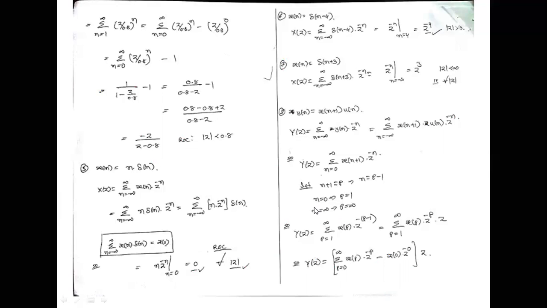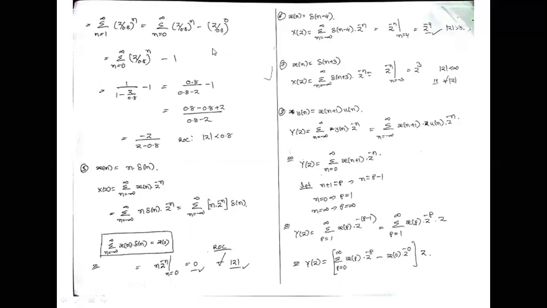You see here, the function is the sum of p is equal to 1 to infinity x of p z power minus p minus 1, and that is equal to the sum of p is equal to 1 to infinity x of p z power minus p, times z. Now I am subtracting x of 0 z power minus 0. So z into x of 0 is also subtracted. Got it, my dear students?